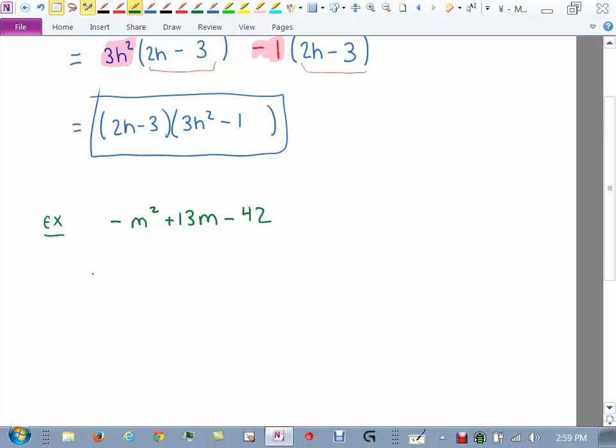GCF. Is there a number that goes into all those? No. Is there a variable in every term that's common? Not in every term, so we technically don't have a GCF.